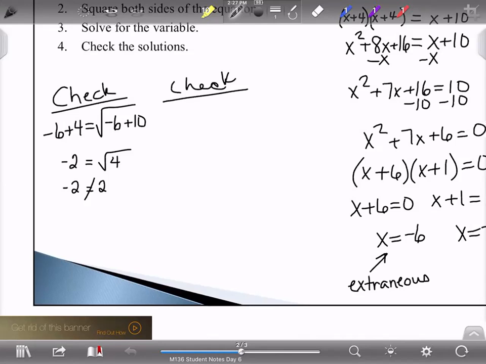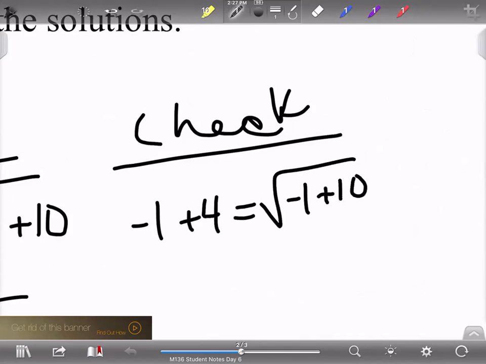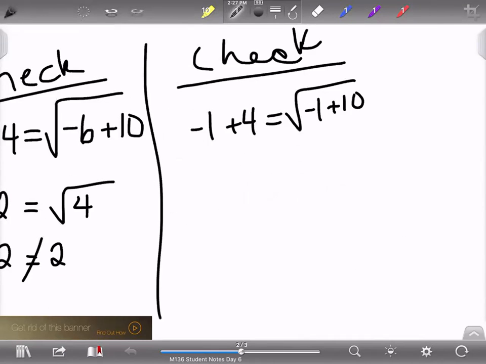Now we're going to go ahead and check -1. So -1 plus 4 equals the square root of -1 plus 10. And again, we're going to simplify the left-hand side and the right-hand side separately.